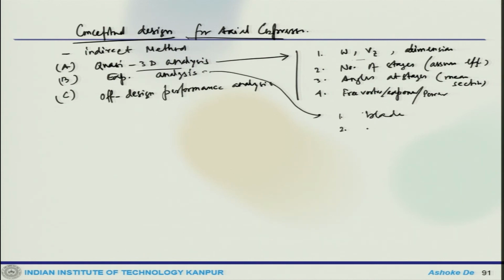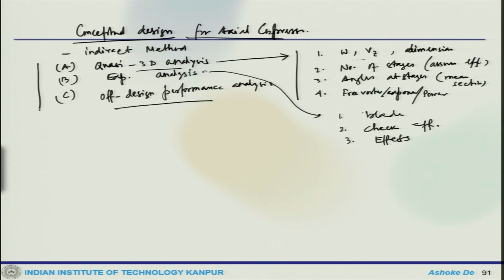Then you can check the efficiency, which is compared to the assumed cascade data, and then finally look at other effects like compressibility and such parameters, and then you go for the off design performance analysis.